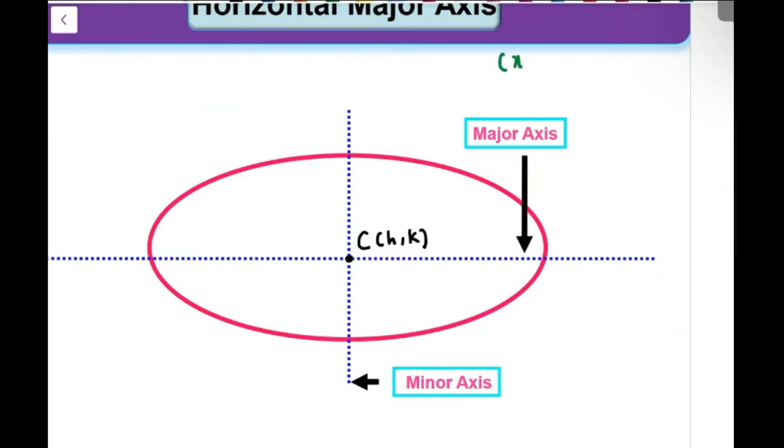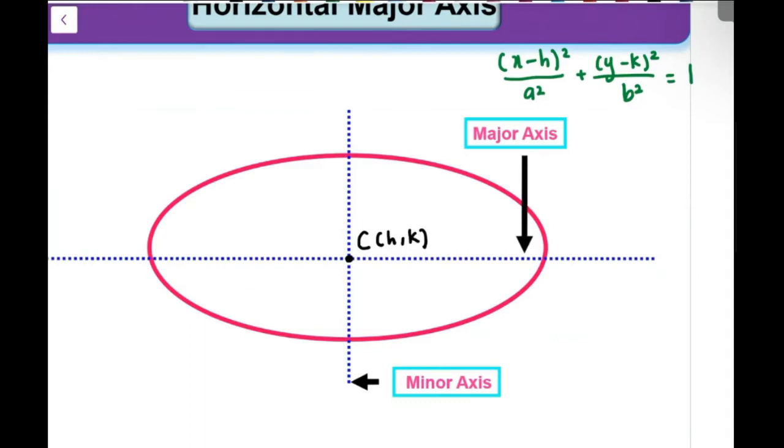Our standard equation of an ellipse is (x minus h) squared over a squared plus (y minus k) squared over b squared equals 1. It's fixed, 1. So (h, k) for the center, we can obtain from the standard equation.